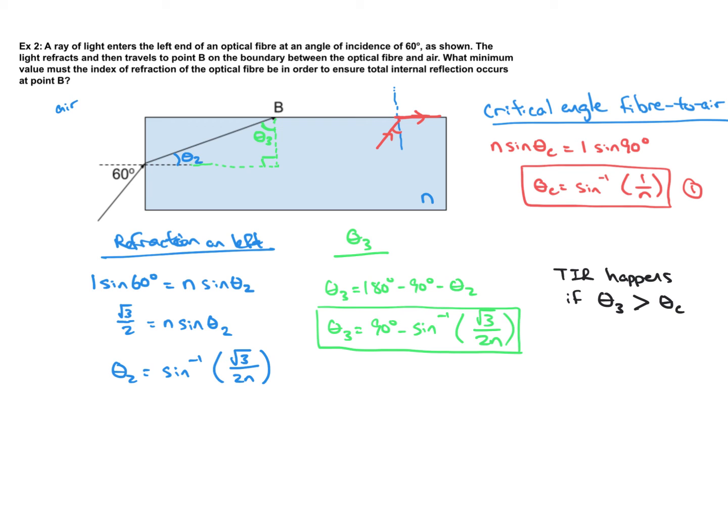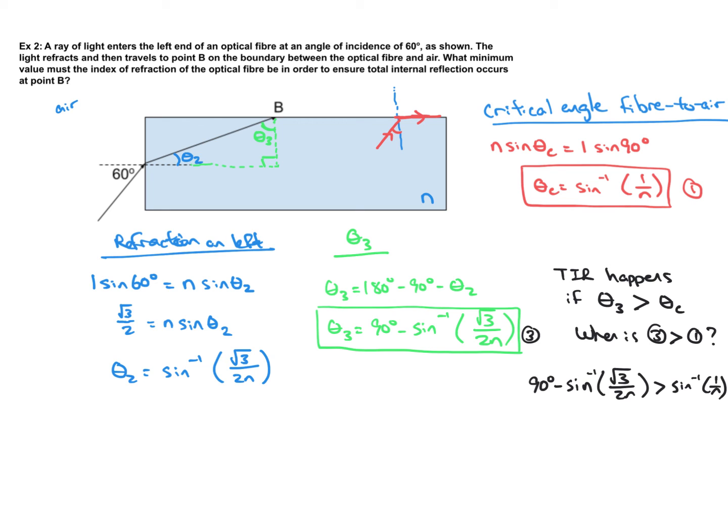So therefore, I am looking for when equation 3 is greater than equation 1. That is what I'm looking for. I'll write the equations out. So 90 minus inverse sine of root 3 over 2n is greater than the inverse sine of 1 over n.